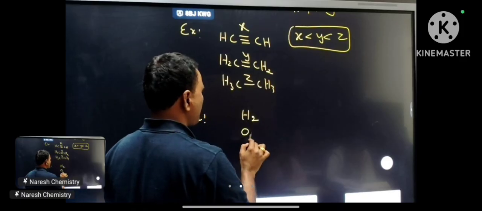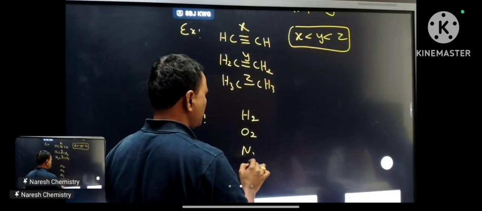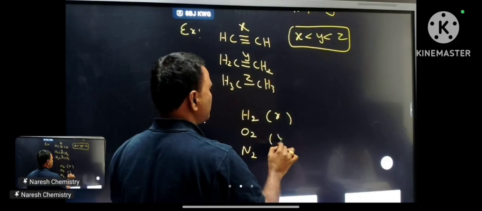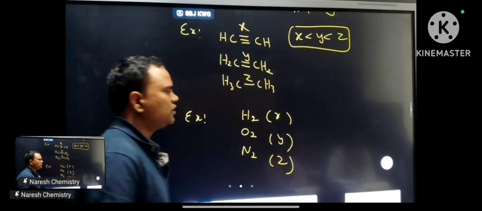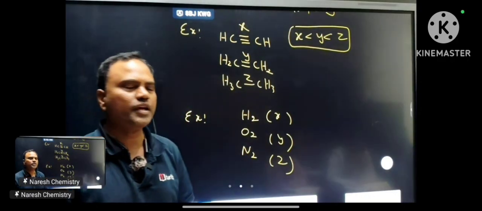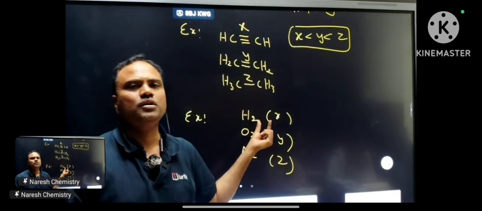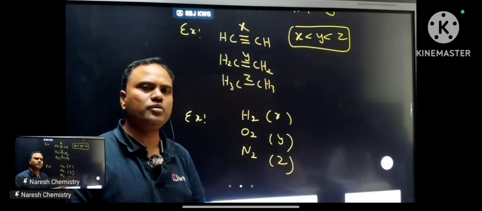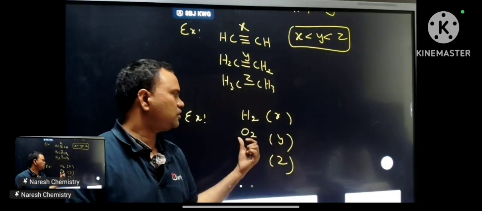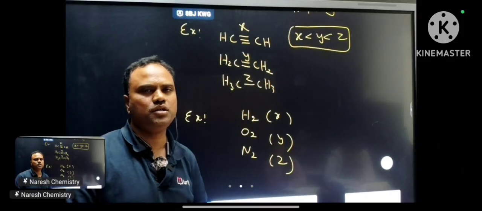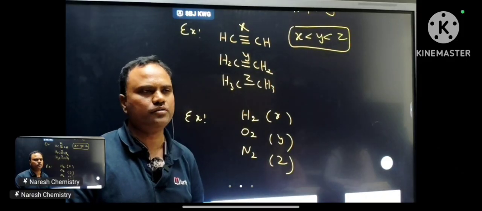H2, O2, N2 as X, Y, Z. Online students, can you give the bond length relation? X represents the bond length between two hydrogens, Y between two oxygens, and Z between two nitrogens.